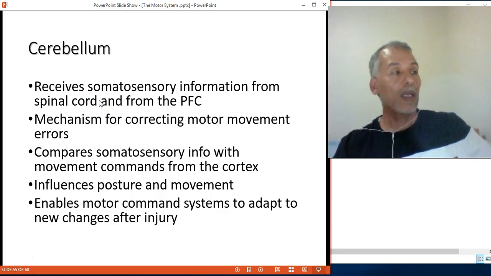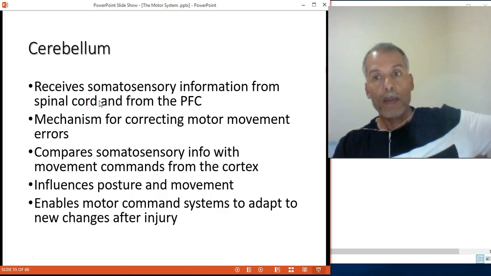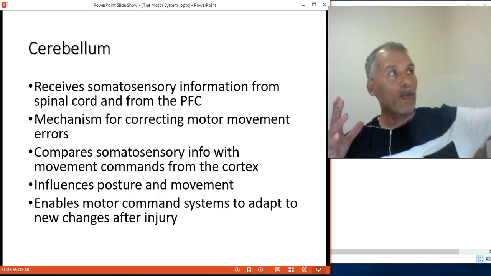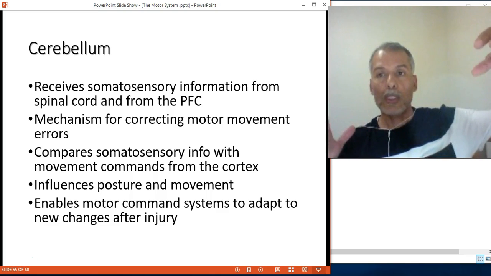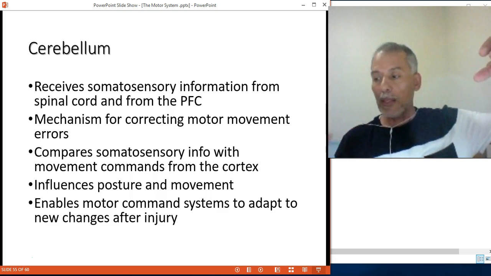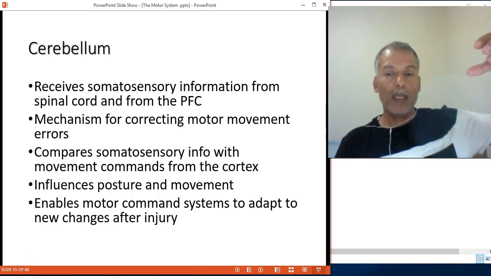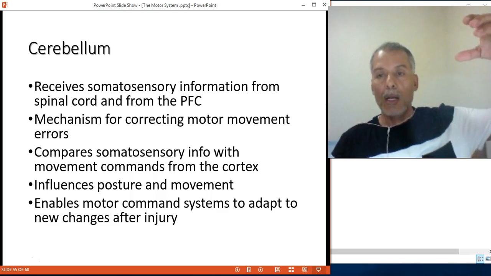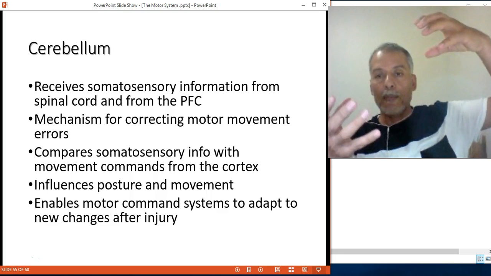So it's kind of saying, okay, I am the middle man here. The prefrontal cortex wants something to be done. And downstairs, the muscles and the legs and arms and so on are moving in a certain way.